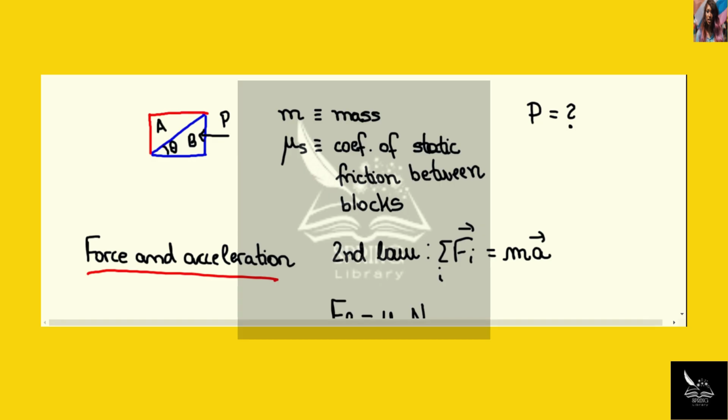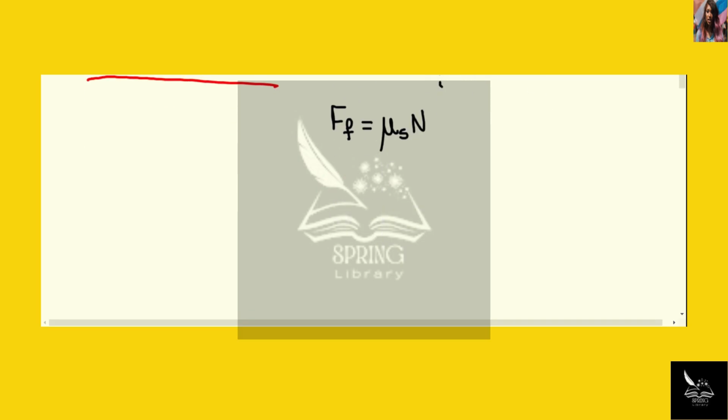In order to solve the exercise, we need to draw the free body diagram for both blocks. First, the A block. The forces that act on this block are the gravitational force, mg.